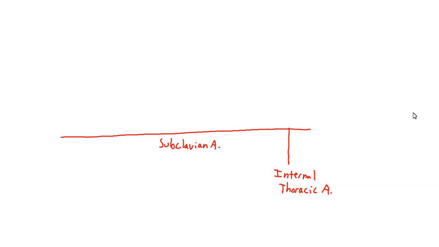The rest of the branches are going to branch off superiorly because that's what's going to provide blood to my neck and other scapular structures as well. So one thing to note here is that we're going to have a couple branches, and we're going to talk about them very briefly.